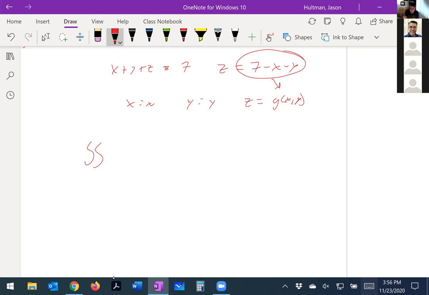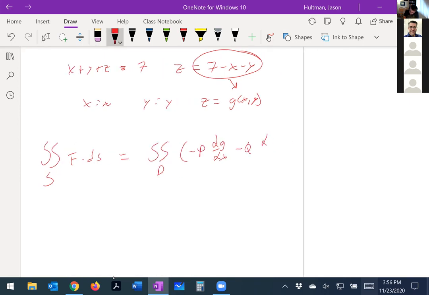It's almost synonymous to Green's theorem in a way, but in 3 dimensions instead of 2. We have this thing here: F dot dS is equal to the double integral of negative P dg/dx minus Q dg/dy plus R dA.